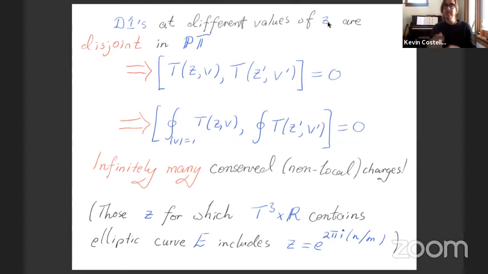If I put 2 D1s at different points, different values of z, they just don't touch each other in twistor space, although in real space they can intersect. So because they don't touch each other in twistor space, I can move them past each other, and these operators commute. Therefore, their averages also commute. So in this way, we found an infinite number of conserved and non-local charges.